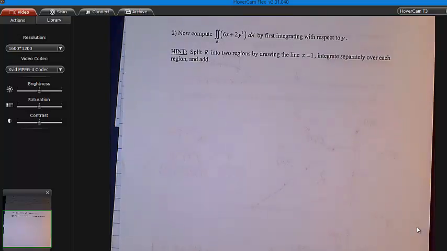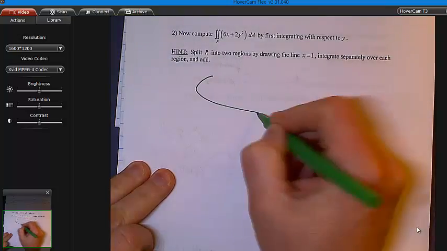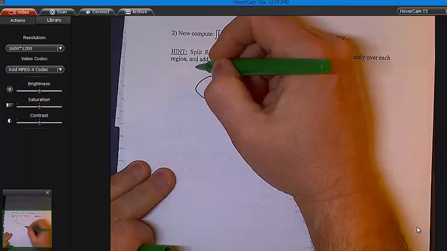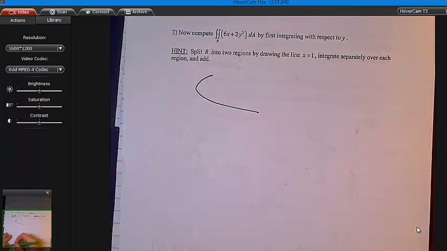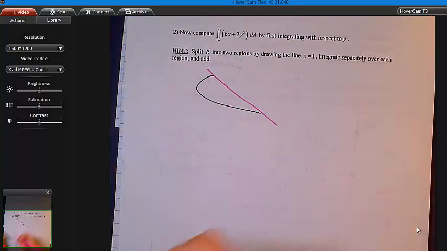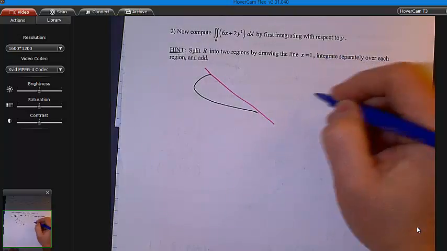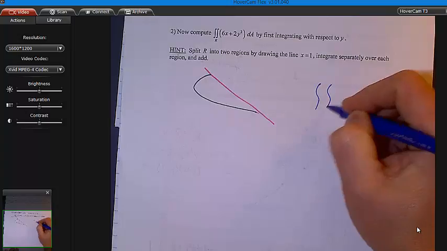So here we go. You know, if we draw the same region R, the issue, so I guess I changed colors. This time the line's pink. All right, sorry guys. Hope you can deal with that. The issue is, you're going to be integrating first with respect to y, and we're going to finish then integrating with respect to what?